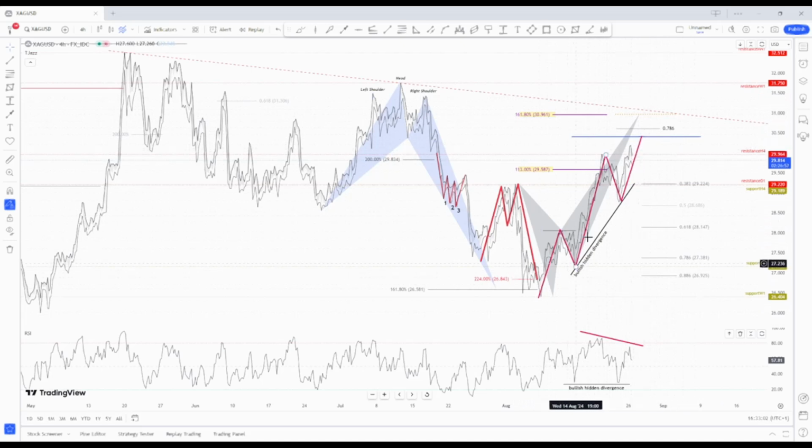Actually, we already have the sequence completed. I'm just projecting a symmetrical pattern, a 5-wave structure to the upside, where wave 5 is equal to wave 1, and I think the symmetrical projection comes a few points above.